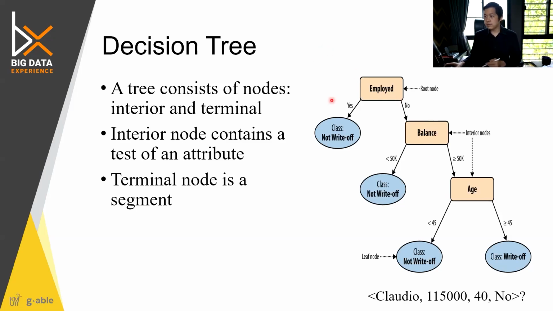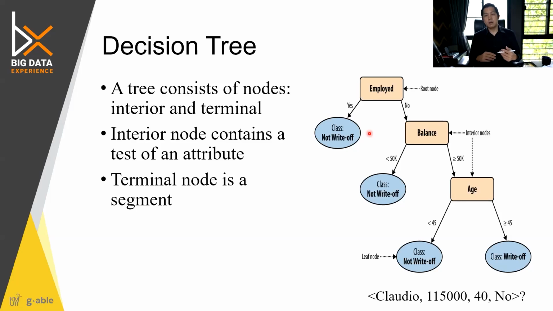A decision tree would allow you to classify the data. Like other trees, it contains two types of nodes. The first are interior nodes, in orange here, and the second are terminal nodes, in blue.